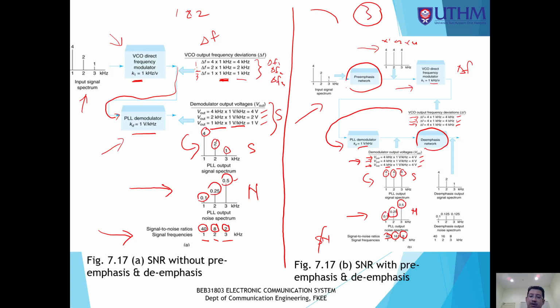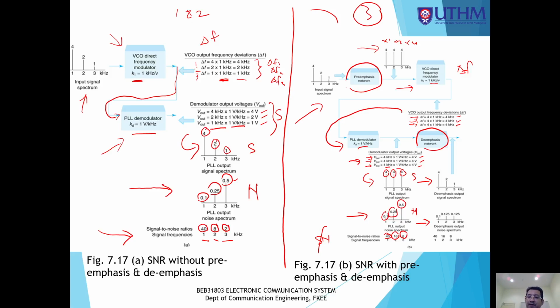After this, we need to reduce the amplitudes by the same amount. It is not finished yet, because in the transmitter we increased with a certain factor. Now we need to decrease the value with the same factor for both the signal and the noise level.